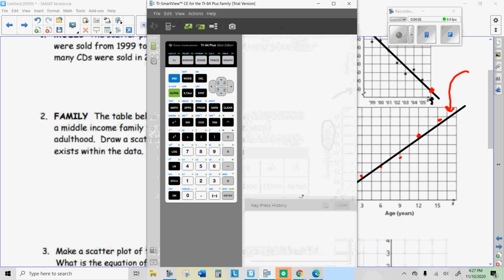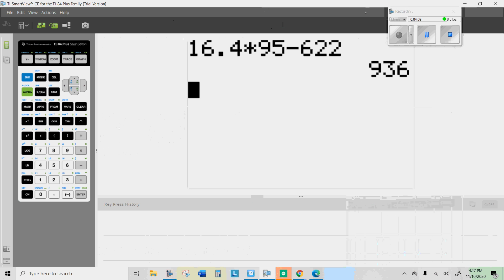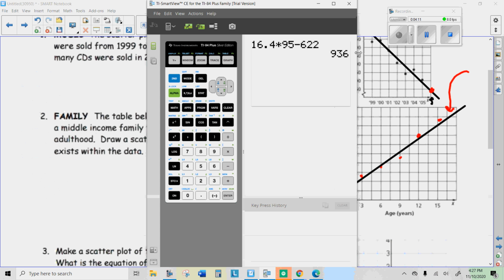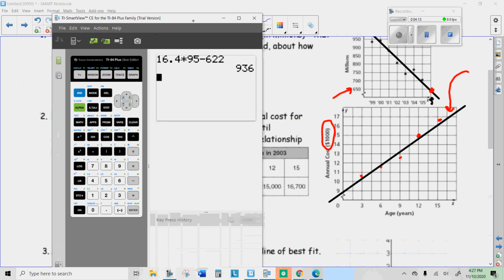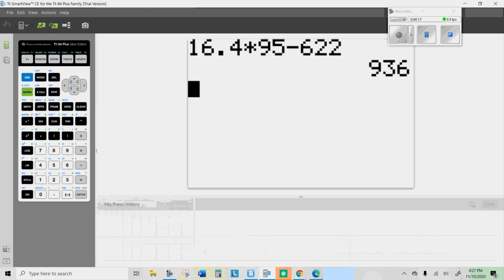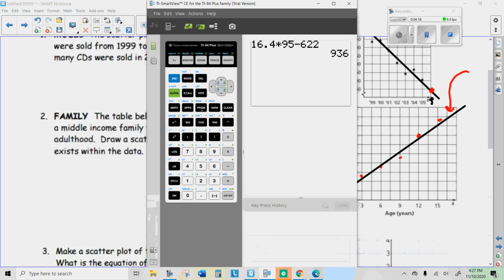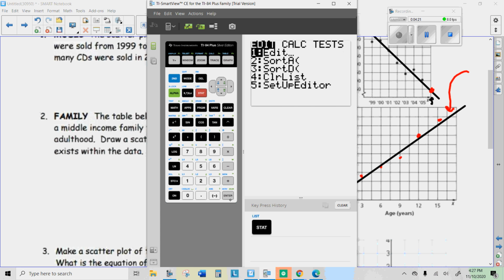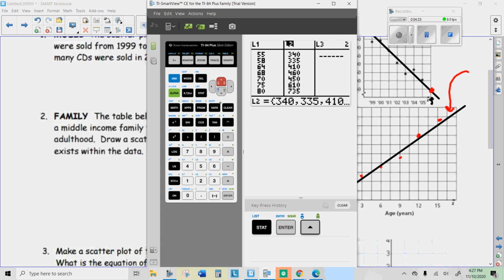And we're going to put that data in, so we're going to press stat, enter, and once again, to clear your data, you go up and highlight whatever list you want to clear, press clear, and then enter.